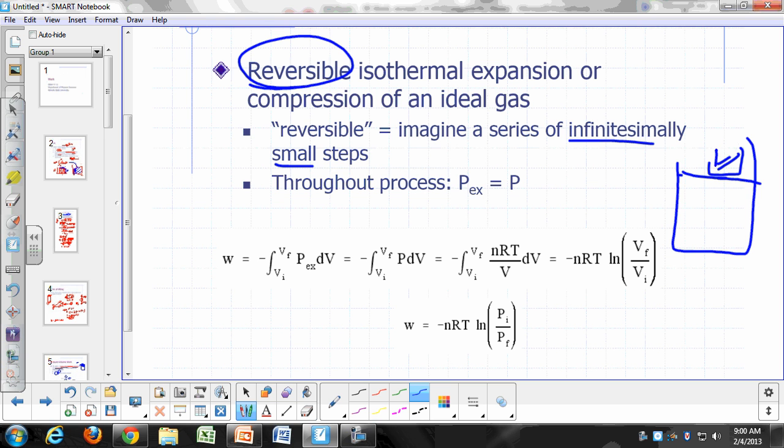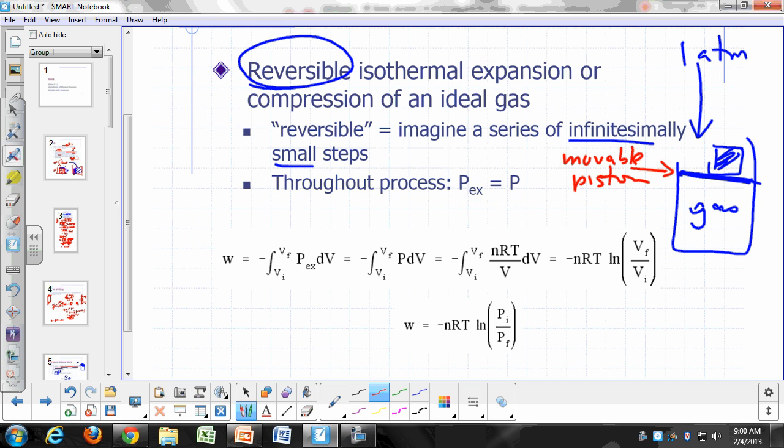So you have a block that would cause the total pressure to be 2 atmospheres, and then you have 1 atmosphere from the air around it. And you have a gas in here. Let's call this a movable piston. That means it's greased, so it can slide easily. So if the pressure is not balanced on both sides, it will expand or contract. What would happen if I were to take this block out?